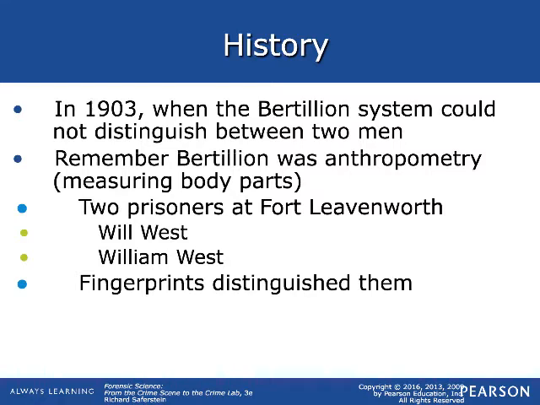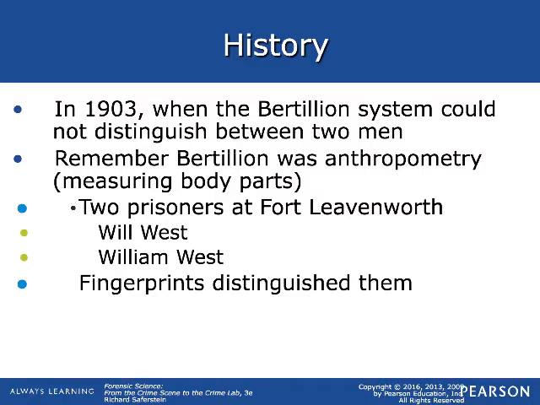But there was a case where there were two prisoners at Fort Leavenworth. One person was in prison there, another one was coming into prison there, and they both were named Will or William West. And they looked almost exactly the same, so they looked like twins.